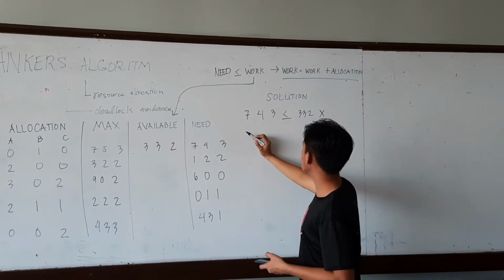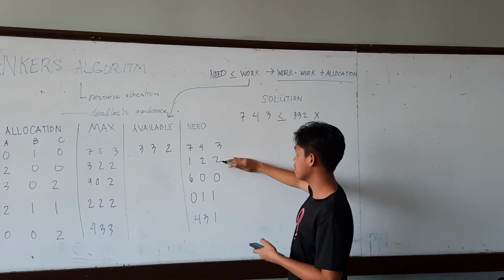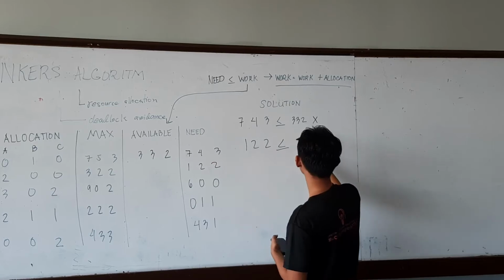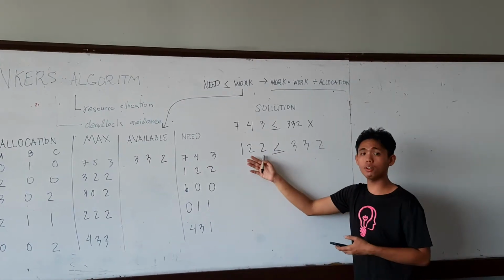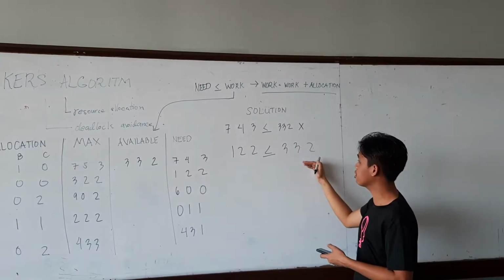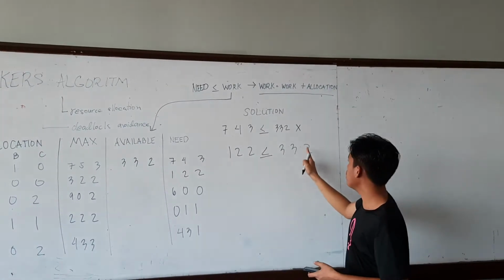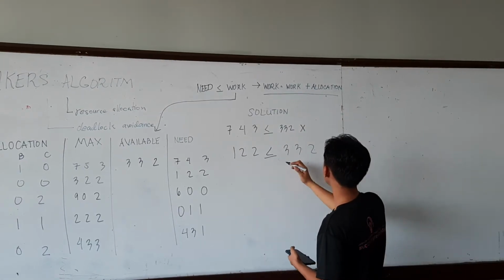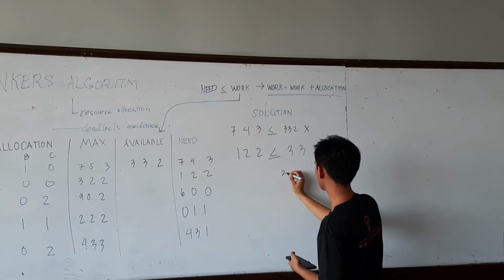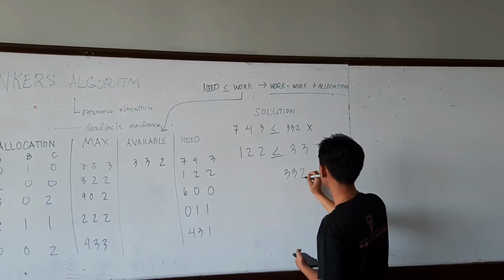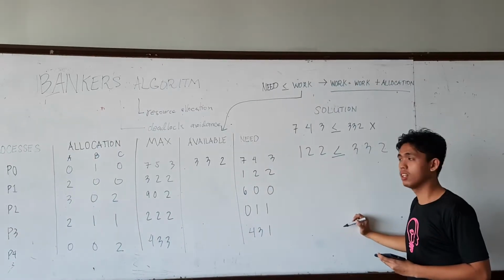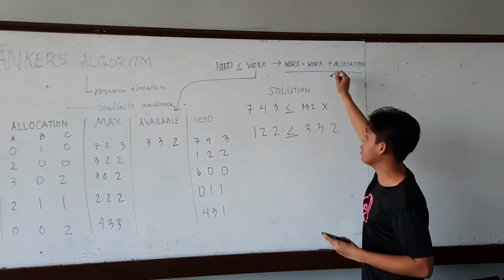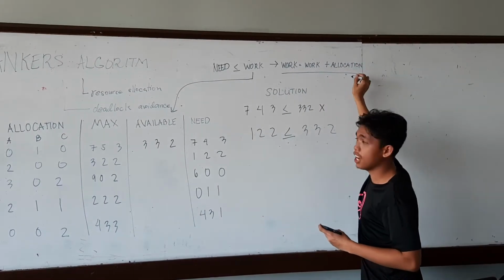Then we will proceed to another process, where the need is 122. Check the condition. 122 is less than or equal to 332. Since this condition is true, we will now use the formula: work plus the allocation.